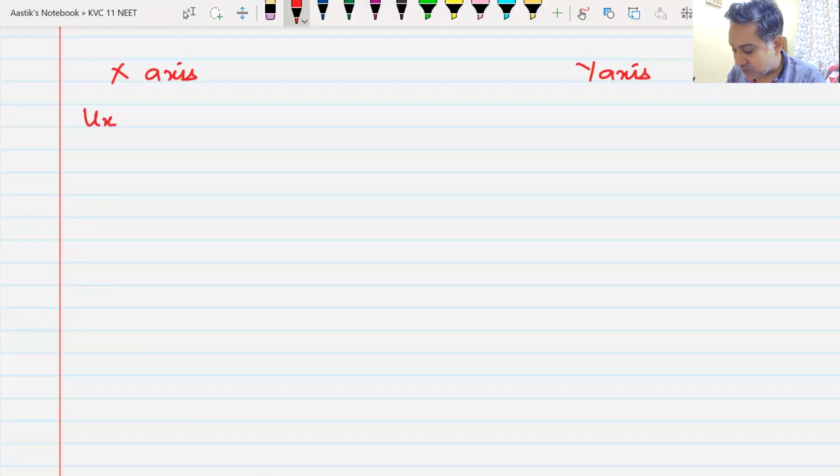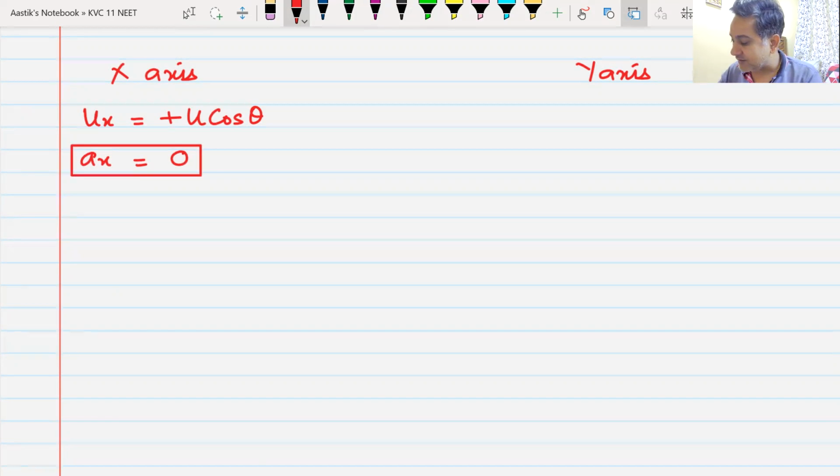What is the initial velocity along the x-axis? It will be plus u cos theta. What is the acceleration along the x-axis? It is 0. Acceleration along the x-axis is 0. Do we understand this?